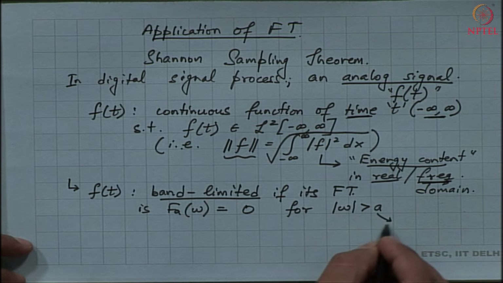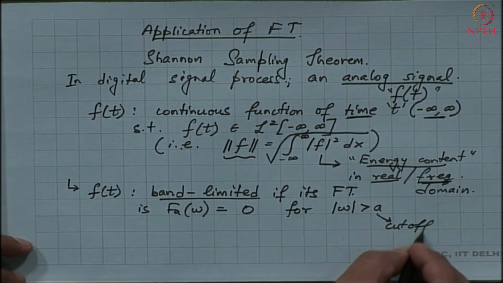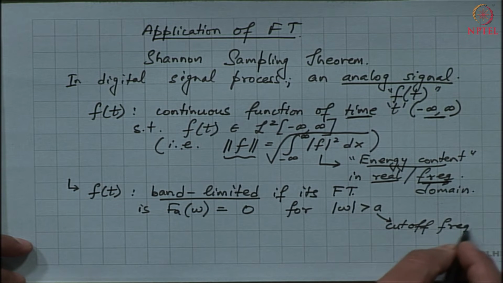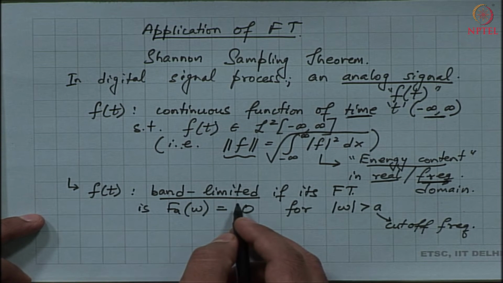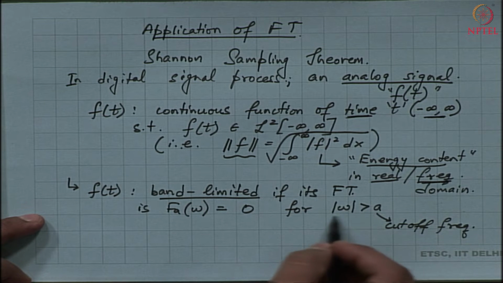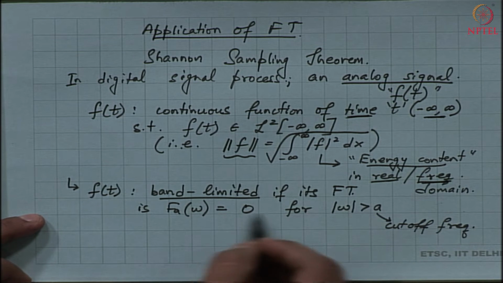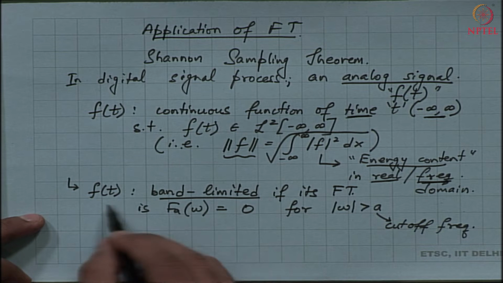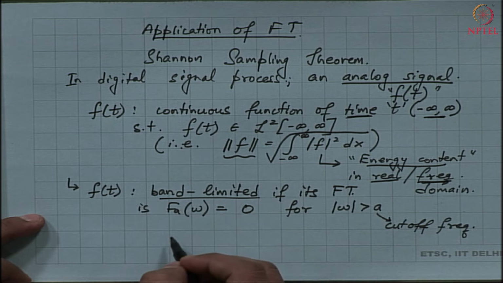So, I call this a my cutoff frequency. You can see that if the signal is band limited, then it is non-zero only for a particular range of frequency. Outside that range, the signal will be 0.